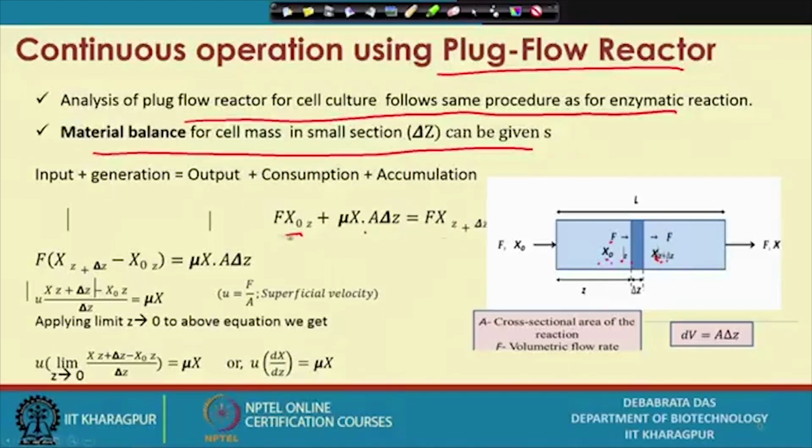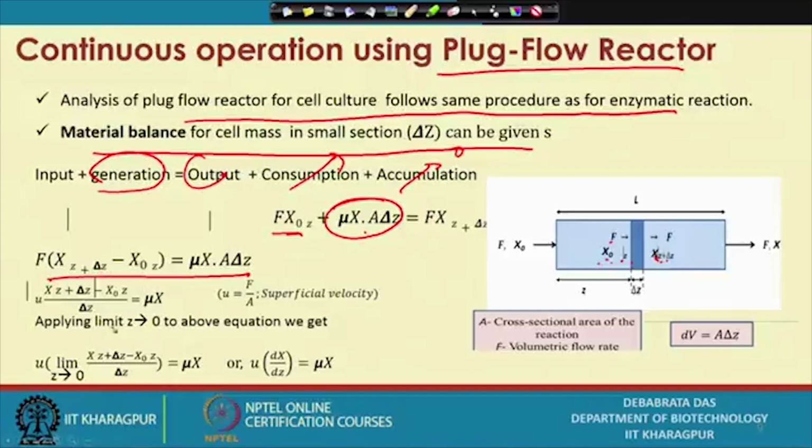So, this is the input, then the rate of growth of the cells is the generation of the cells, and then the output. We can assume no consumption, and under steady state condition the accumulation is equal to 0. Then we can write the equation in this form: F into x at z plus del z minus x at z, equal to the generation.